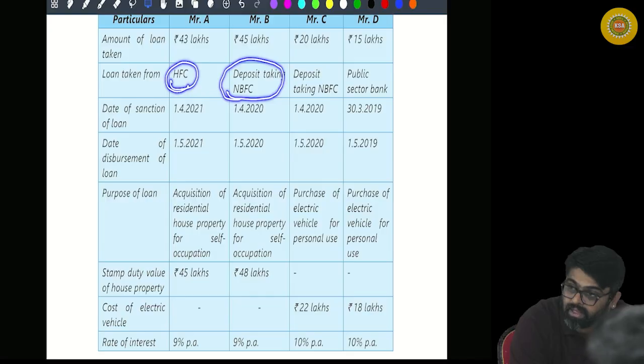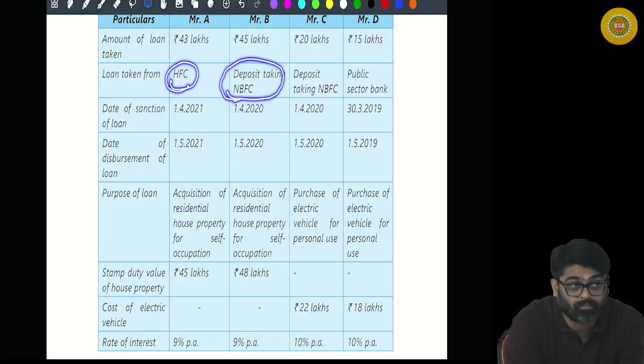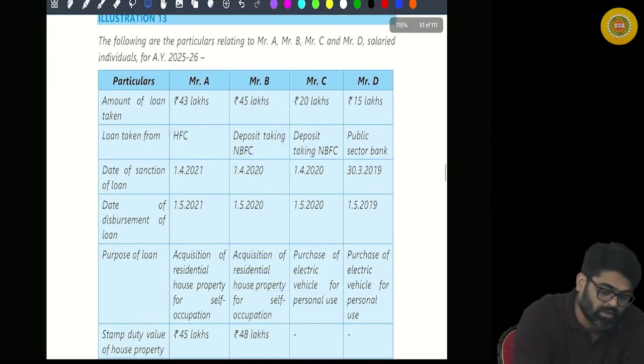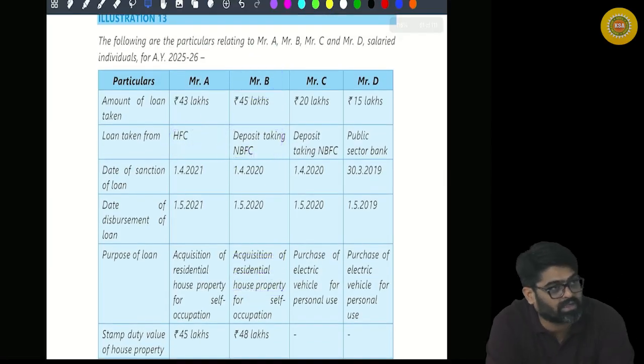Either it can be taken from any bank or any housing finance company. Have you taken the loan from housing finance company? No. Have you taken the loan from any bank? No. So on this loan taken for acquisition of residential house property, whatever interest there is, Mr. B is not going to get that interest under 80EE or 80EEA.